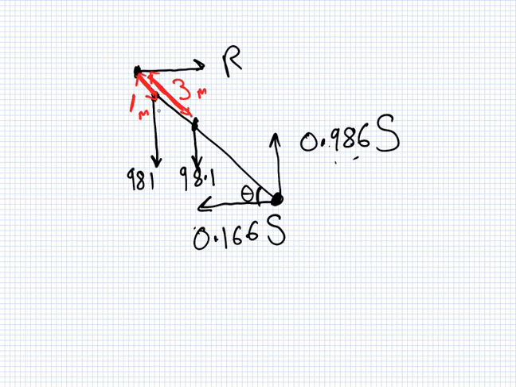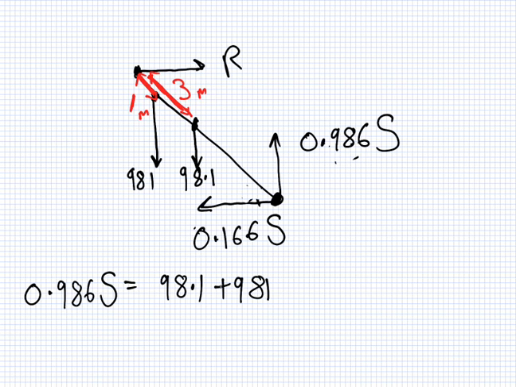So I don't need to write this theta in anymore for the moment anyways. Okay, let's see what equations we can make. So I can say 0.986 S equals 98.1 plus 981.